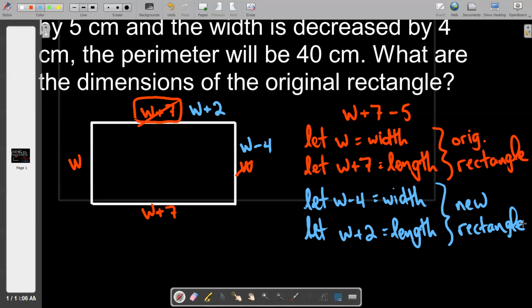So now back to my question. I need an equation. No more variable declarations. We're set, but what's an equation that I can write? Remember, the problem says after the changes take place, then the perimeter would be 40. We got this. What's that going to mean?